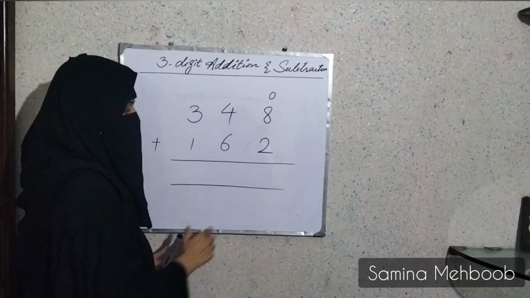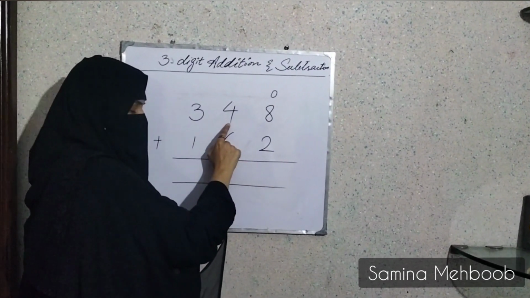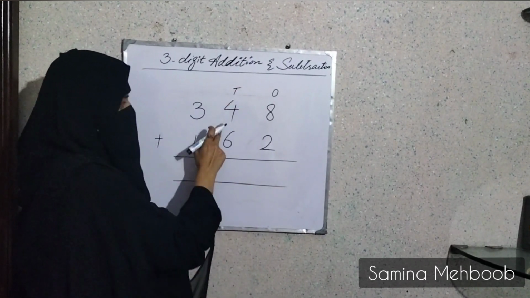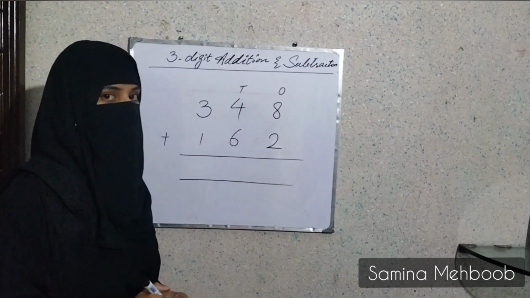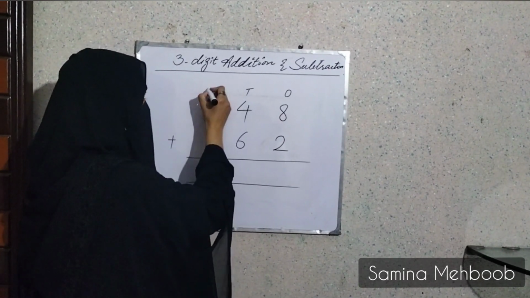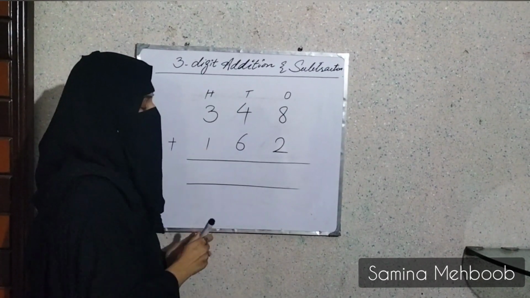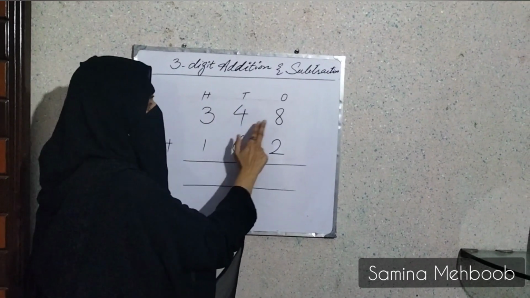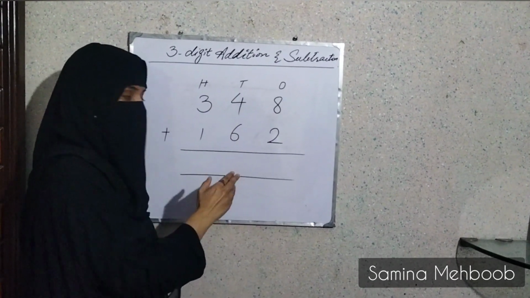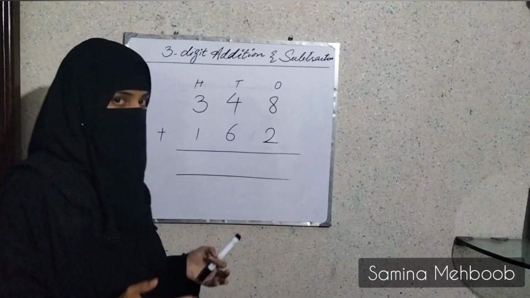What is the place value after the rightmost digit? Tens. What is the place value after the second rightmost digit? Hundreds. Now it's called a 3-digit number.